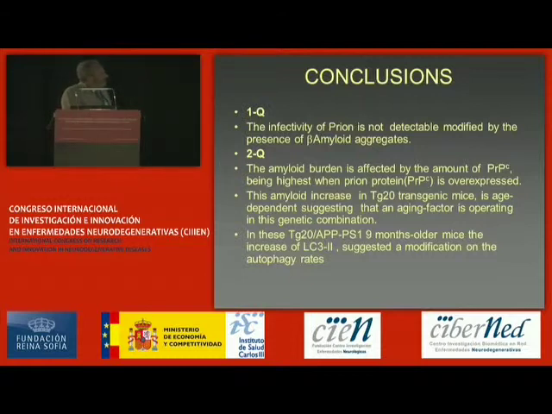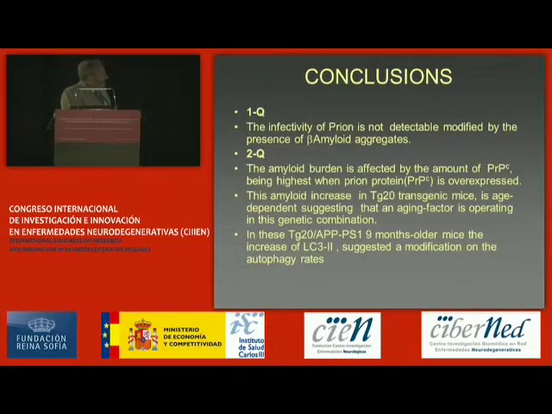The increase of amyloid in TG20 is age-dependent, which maybe suggests that we have an extra element which is age-dependent, something that has to do with the aging factor that we are trying to identify or analyze.